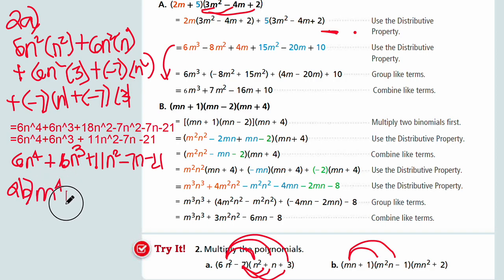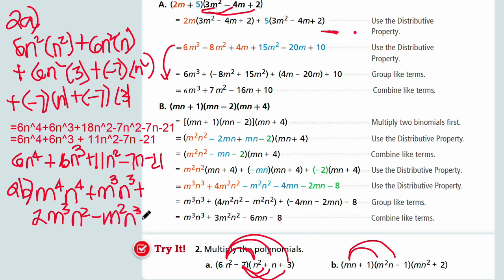If you simplify everything correctly, you should have m to the fourth power n to the fourth power, plus m to the third power n to the third power, plus 2m to the third power n to the second power, minus m to the second power n to the third power, plus 2m to the second power n, minus mn to the second power, minus 2mn, minus 2.